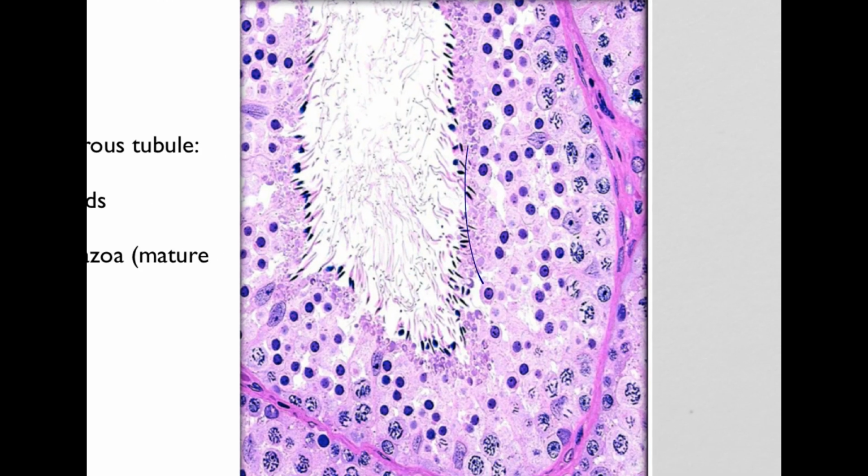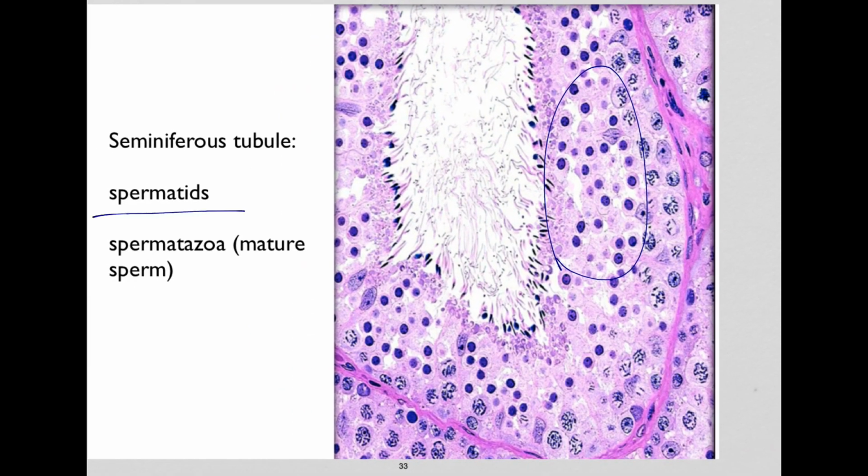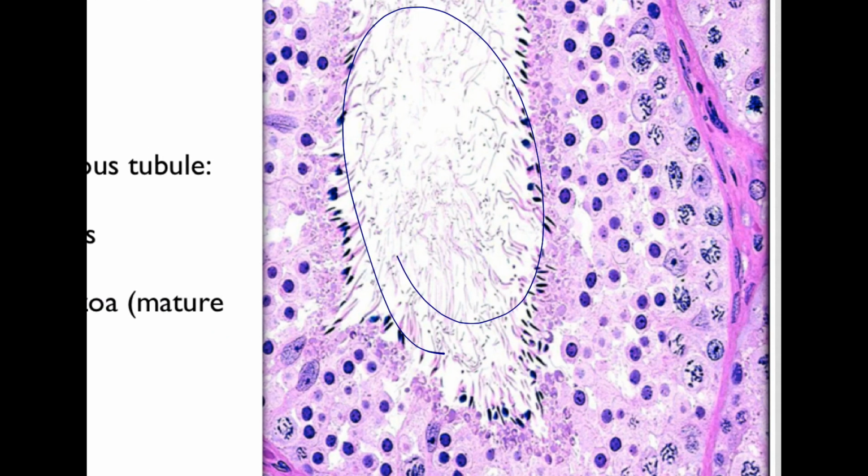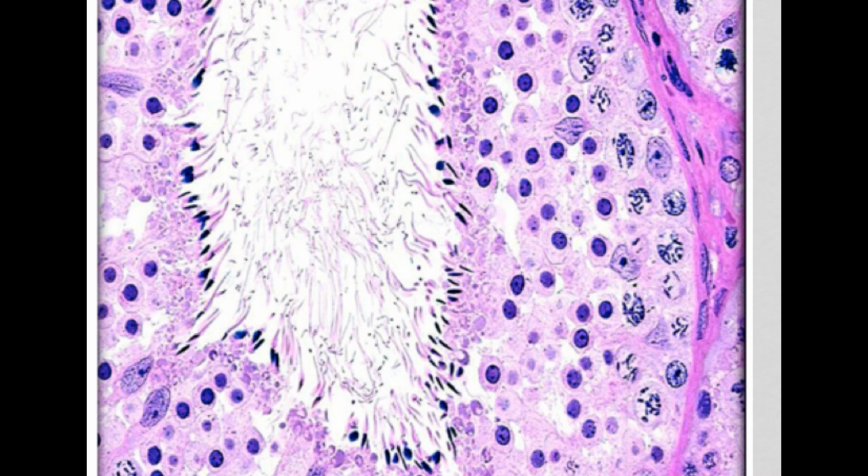These immature cells around the outside, which we call spermatids, since these sperm are always moving through the tubules, to leave the body eventually, the entire process has to involve these cells migrating in this direction.